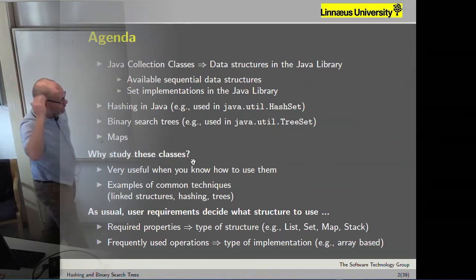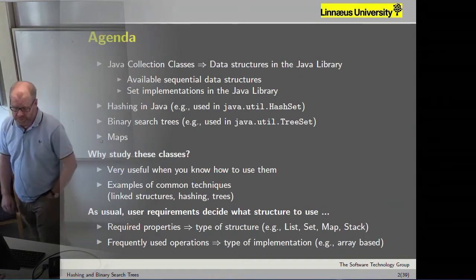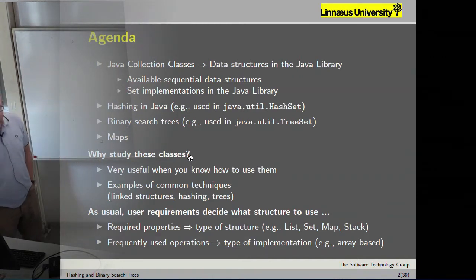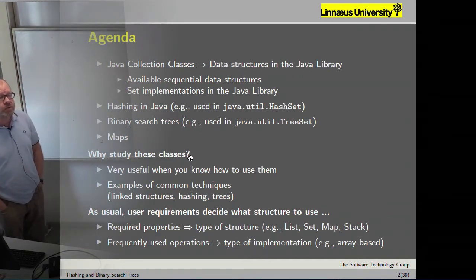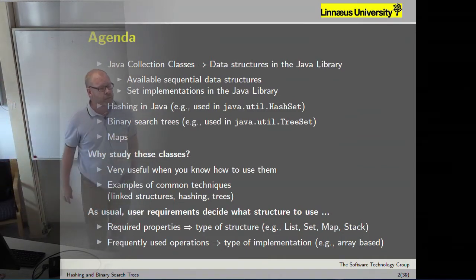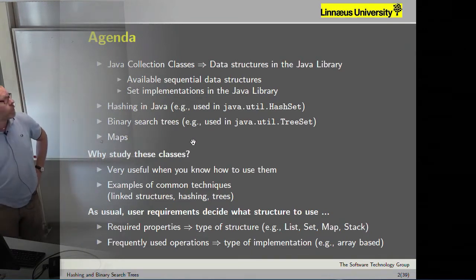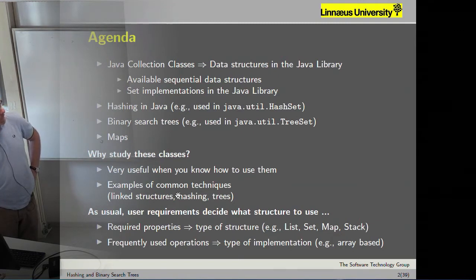We spend a lot of lectures here studying data structures, and I think it is an important topic. First of all, as a programmer, you are constantly using different data structures. You need to collect data in some way, and selecting the correct data structure is important from a performance point of view. Also, I look at these data structures as examples of common techniques.